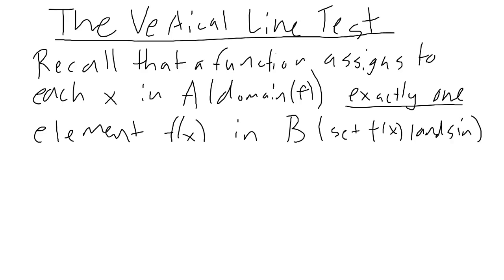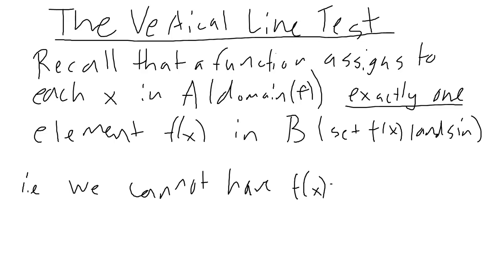This is almost always going to be the set of real numbers, because our functions are always real valued functions. So all right, since we know that a function assigns only one value to each input, another way to state this is we cannot have f of x equaling two different things.